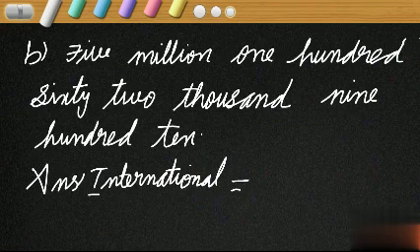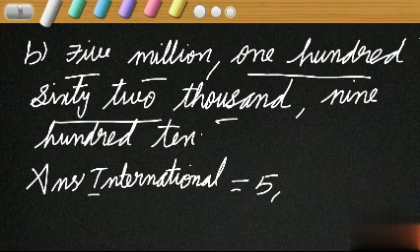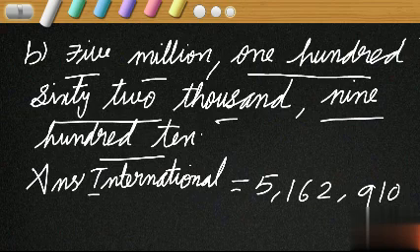How many million? 5 million, isn't it? So in the million spirit, 5. Then how many thousand? 162,000 and in one spirit, 910, isn't it? So this is our numeral in international system.